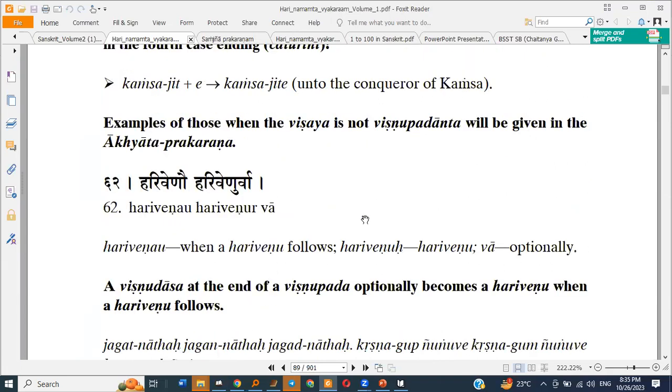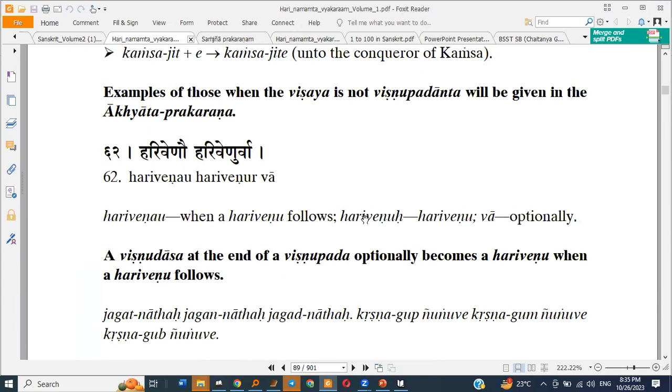The next sutra is Harivenau Harivenur Va. If a Vishnu Dasa at the end of a Vishnu Pada optionally becomes a Harivenu when a Harivenu follows.